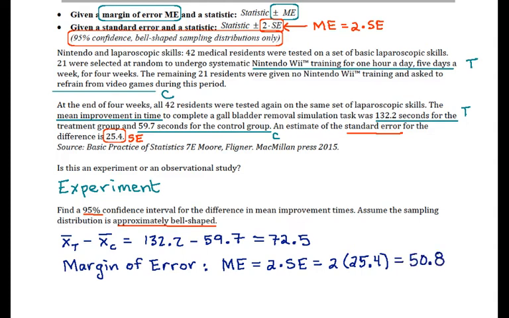Now my confidence interval is the sample statistic plus or minus the margin of error, and this 72.5 is my sample statistic.